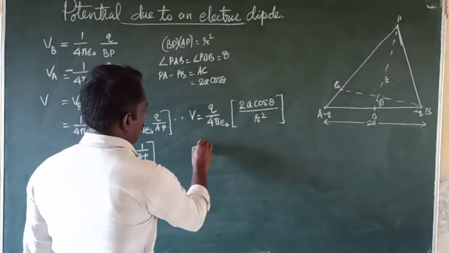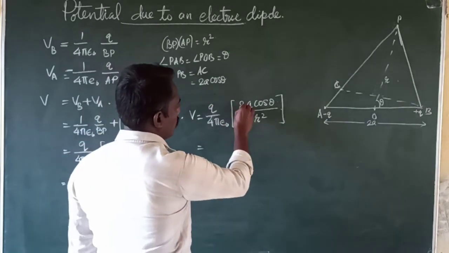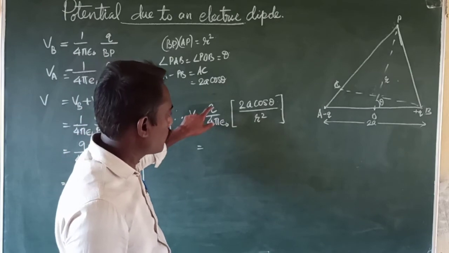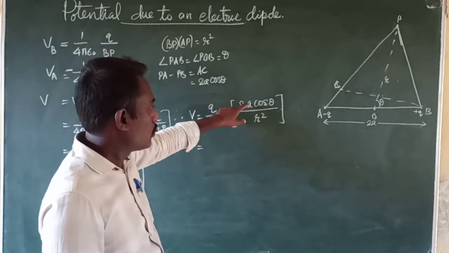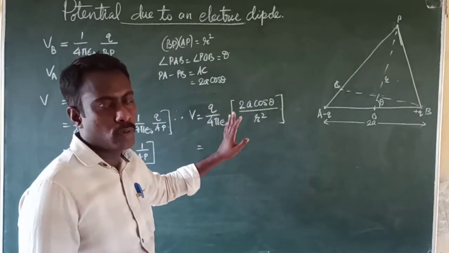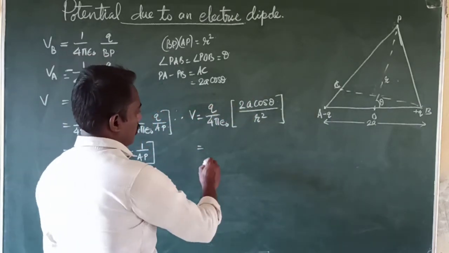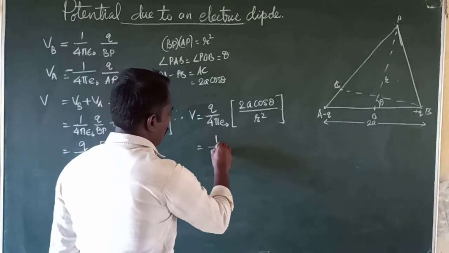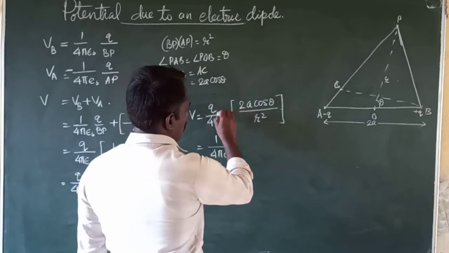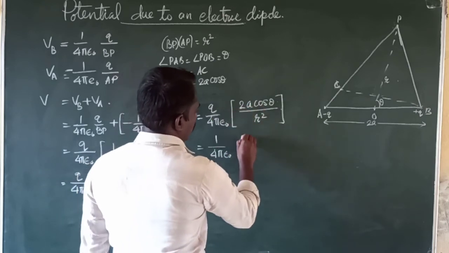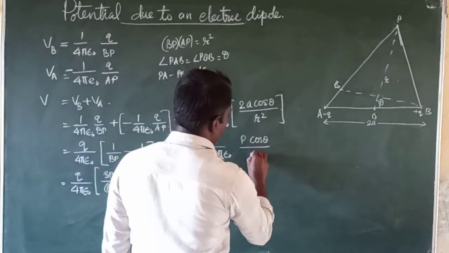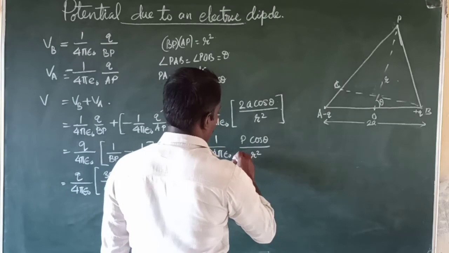From this equation we know that Q into 2A, that is 2AQ, we have already learned in the previous chapter, is the dipole moment of a dipole. So we can write 1 by 4 pi epsilon 0 into P cos theta divided by R square.